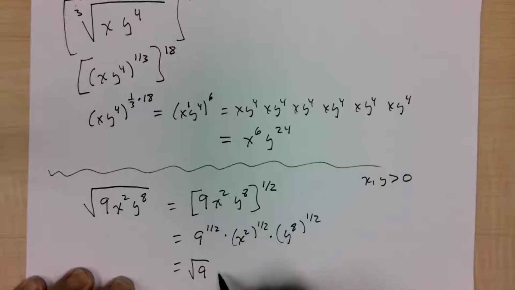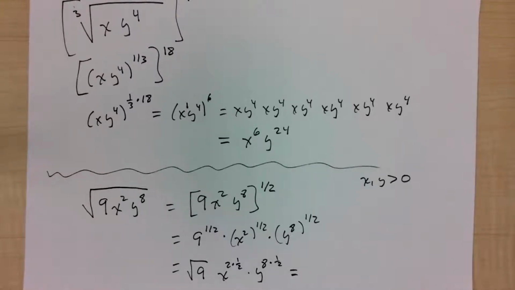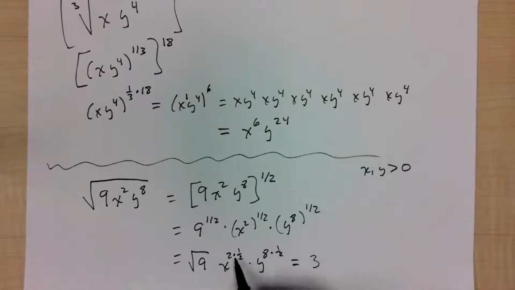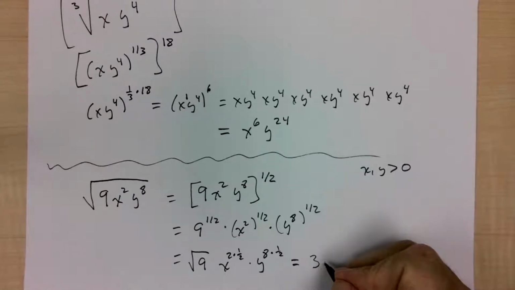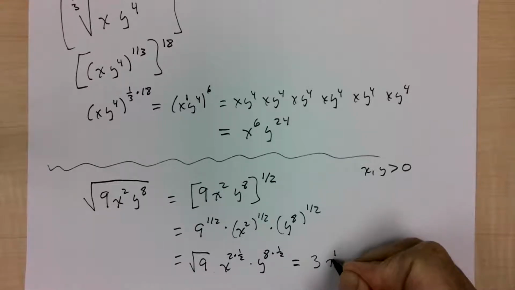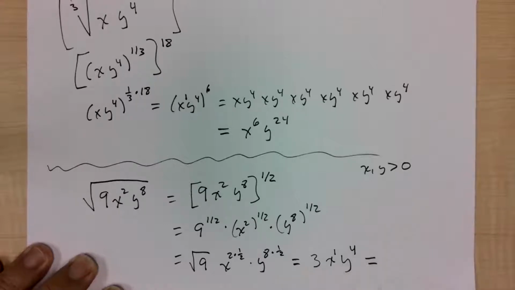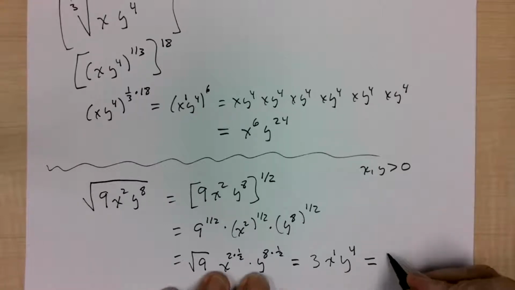X to the 2 times 1/2, y to the 8 times 1/2. Square root of 9 is equal to 3. x to the 2 times 1/2 would be x to the first. Y to the 8 times 1/2 would be y to the fourth. So our result there would be 3xy to the fourth.